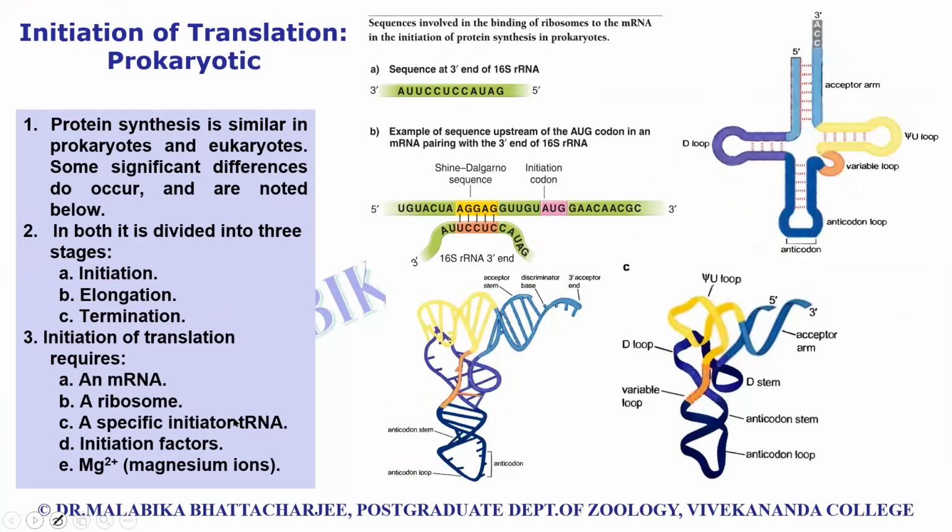So when we talk about the first raw material, that is mRNA. During transcription, I showed you that if I look at the transcription unit, if you remember, the mRNA has a 5' leader sequence, then it has a protein coding sequence and a 3' trailer sequence.